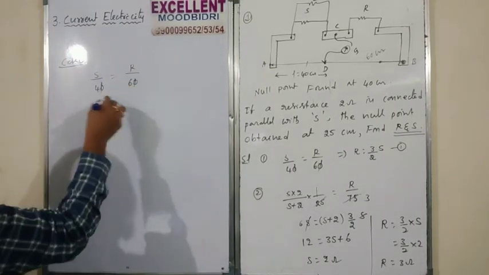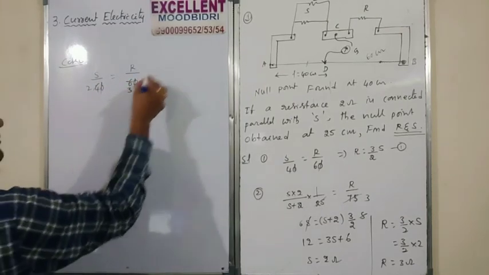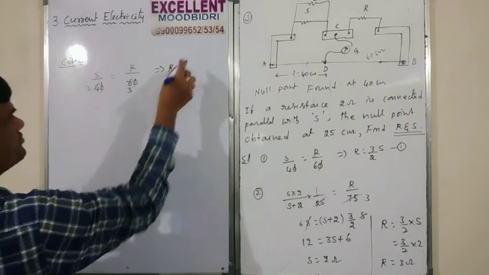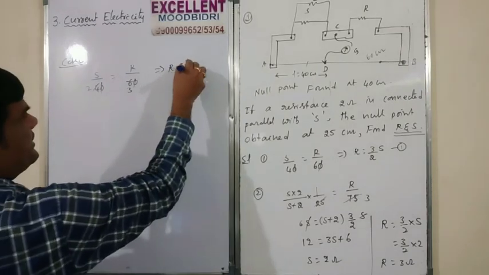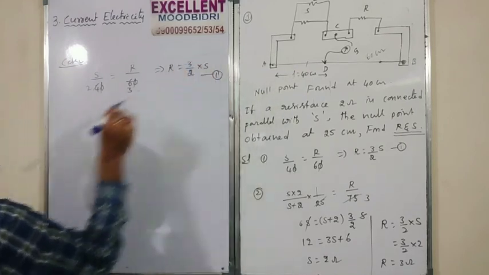So the zeros get cancelled, 2 twos, 2 threes. Therefore, R is equal to 3 by 2 into S. Equation number 1, you can keep like that only.